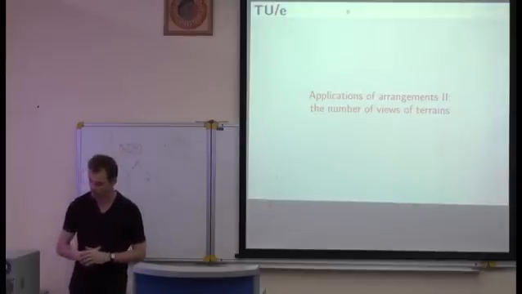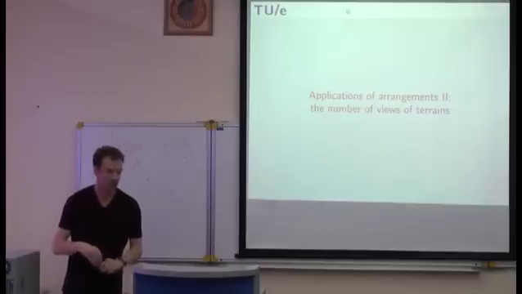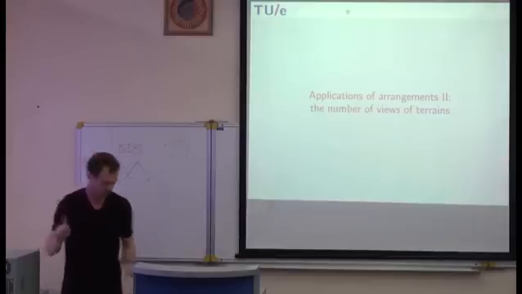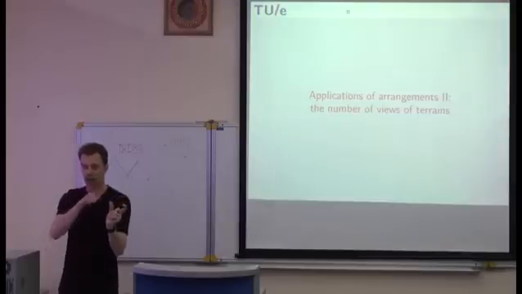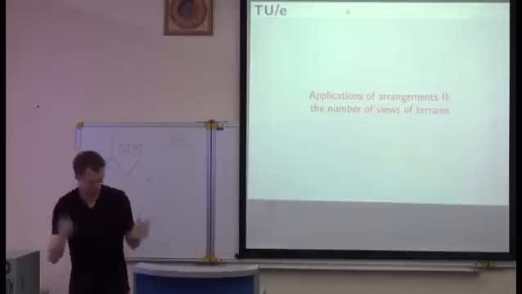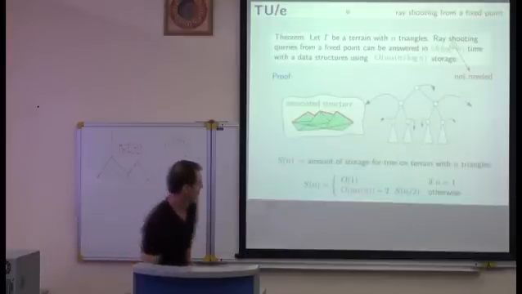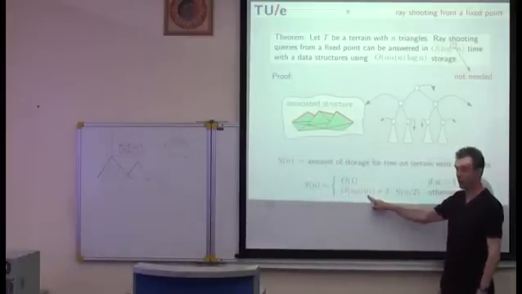What's the time to construct the tree? The time to construct a tree, so each of the upper envelopes. The easy argument is to say, each upper envelope you can compute in n log n time. So that means that if you look at the pre-processing time, instead of n alpha n, I have n log n here.